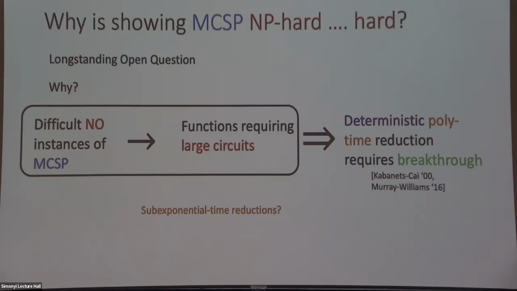There are a couple of ways to formalize this. There are these things called oracle-independent reductions that Shuichi Hirahara has defined, but in some sense, it seems like lower bounds that just come from counting arguments, if you don't use anything else, are not strong enough to show that MCSP is NP-hard. But we haven't ruled out that this idea of using randomness itself would be enough to give an NP-hardness reduction.